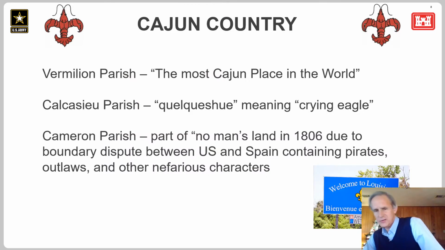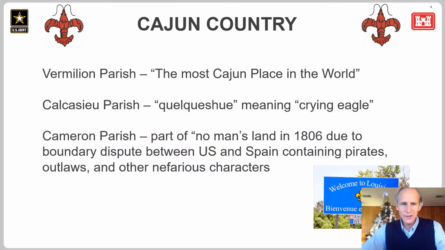So we're in Cajun country, and a little bit about the culture of this area. Vermilion calls itself the most Cajun place in the world. Calcasieu comes from a Native American word that means crying eagle, and the French spelled it Calcasieu, and you'll see a lot of shops and streets named like that in the French way when they settled here.